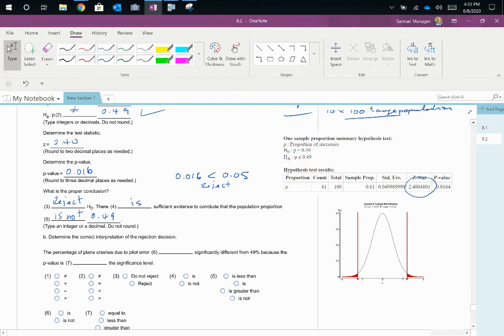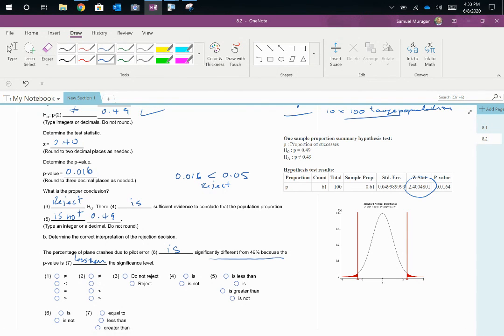Determine the correct interpretation of the rejection decision. So what does it mean? In terms of the percentage of plane crashes due to pilot error, it is significantly different from 49% because the p-value is less than the significance level.